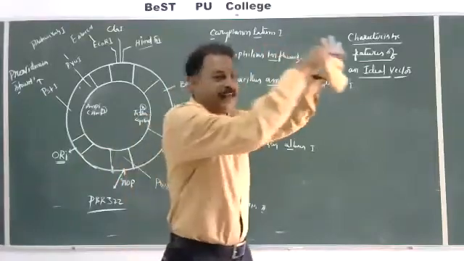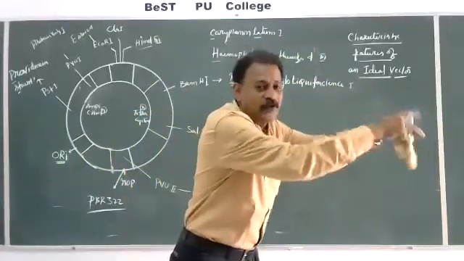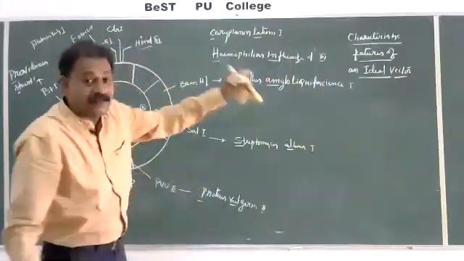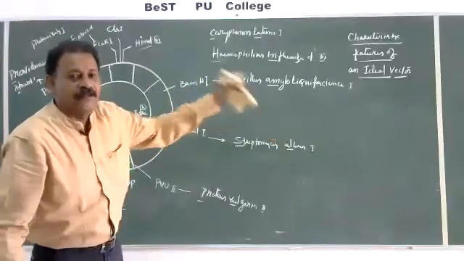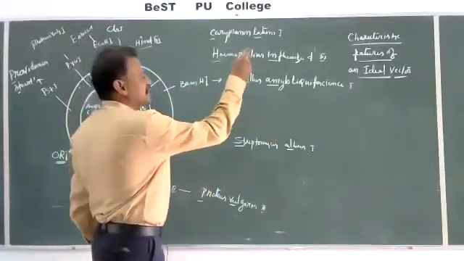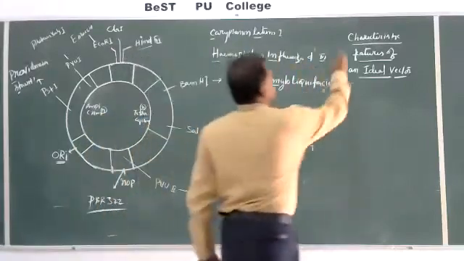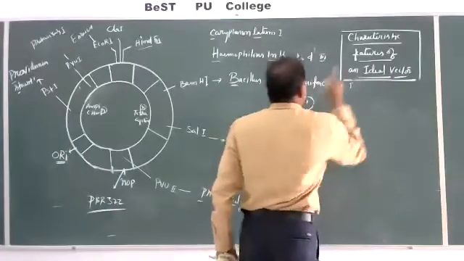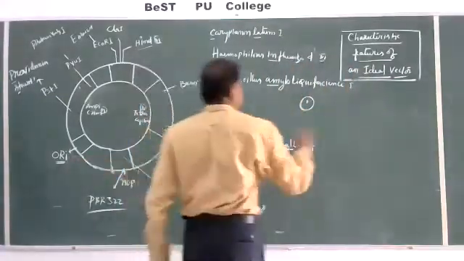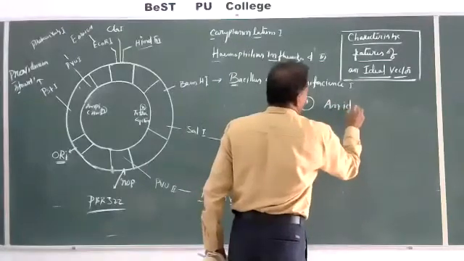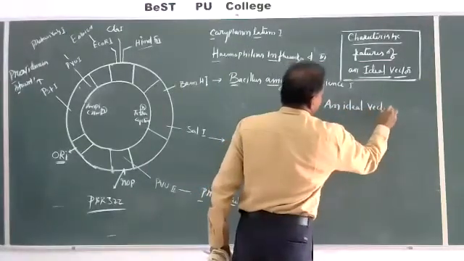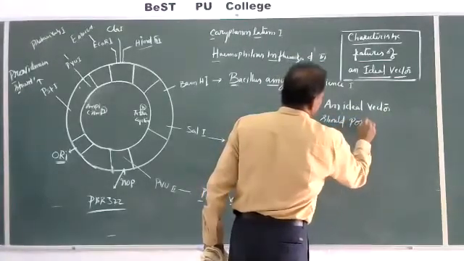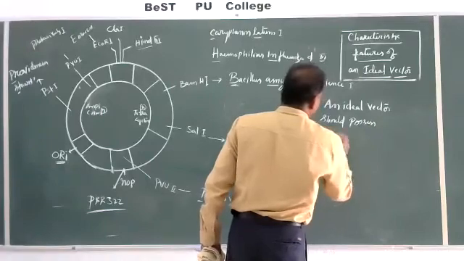We are going to keep this in a bacterial host. In that host, it will multiply, clone. So for the purpose of cloning, we are going to discuss the characteristic features of an ideal vector. First character, an ideal vector should possess an RE site.